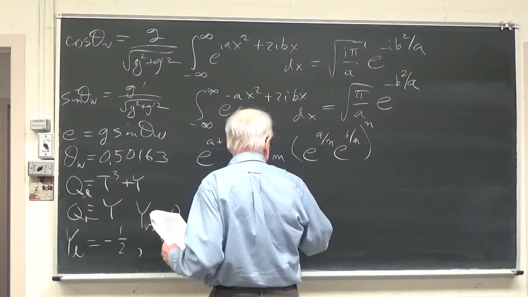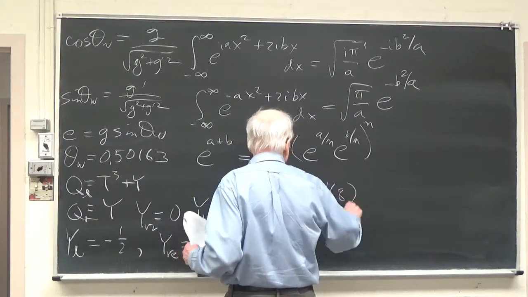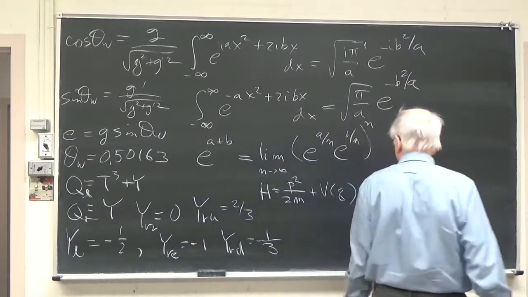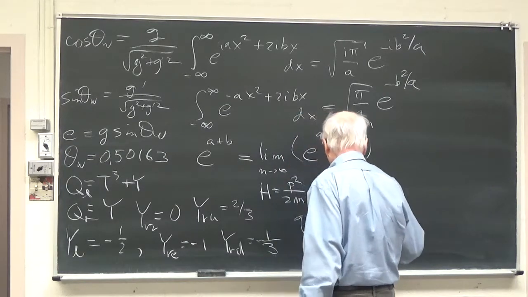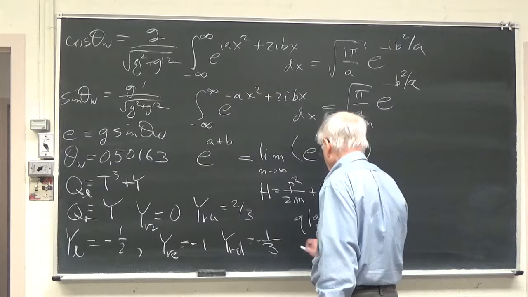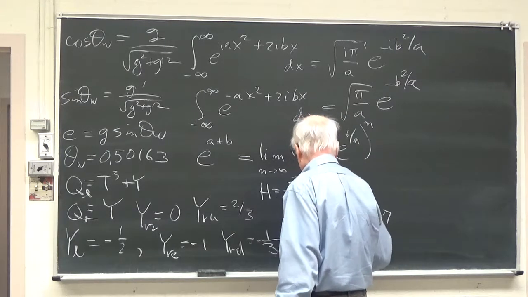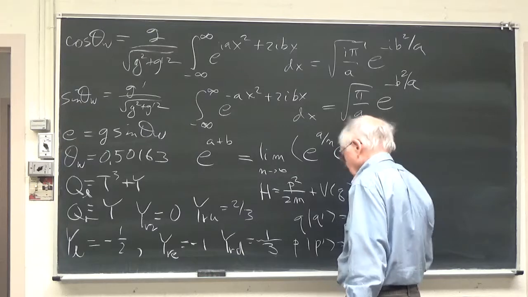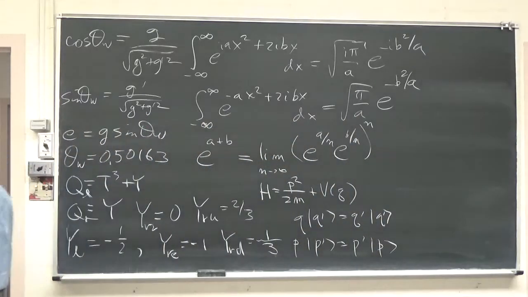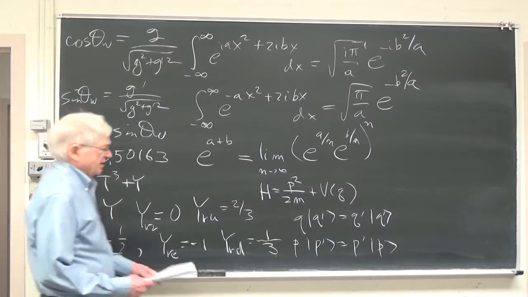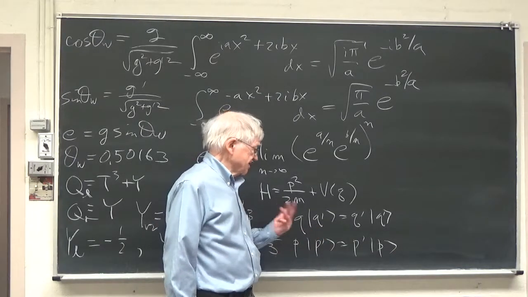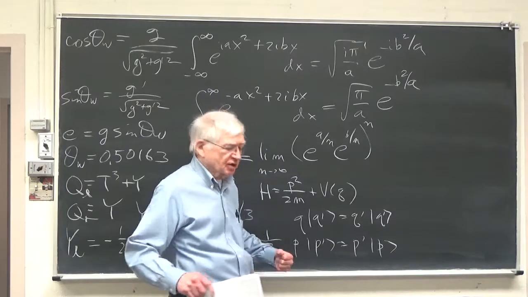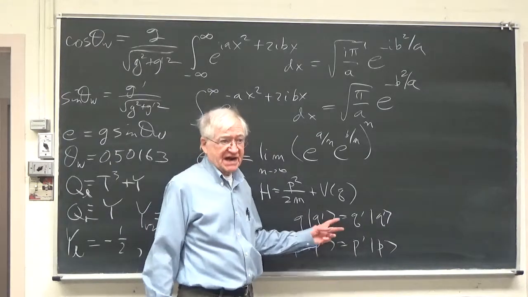In these cases, I'm going to be talking about h equal to p squared over 2m plus v of q. We're going to have a complete set of eigenstates of p and q. And as you know, these are rather unphysical states because they mean that the particle here is precisely at position q prime, and by the uncertainty principle its momentum is totally arbitrary, so it really has infinite energy.